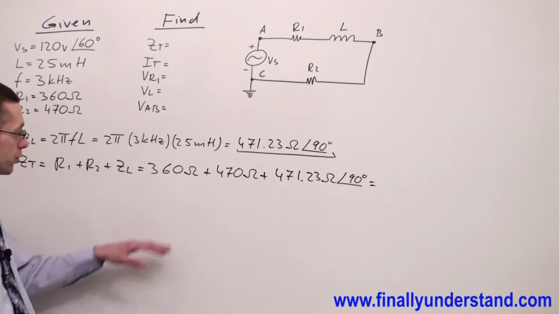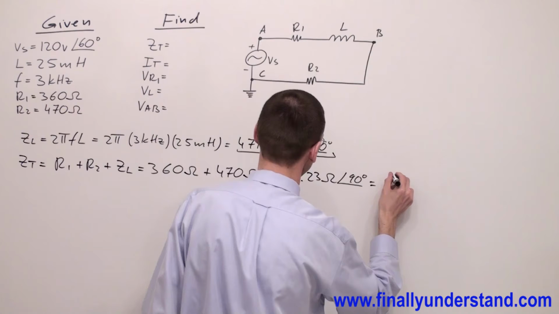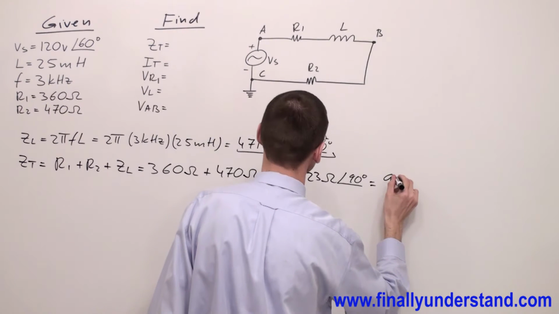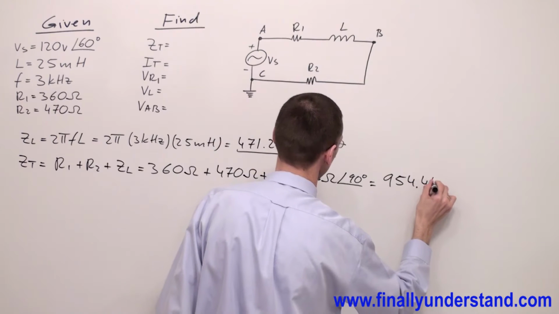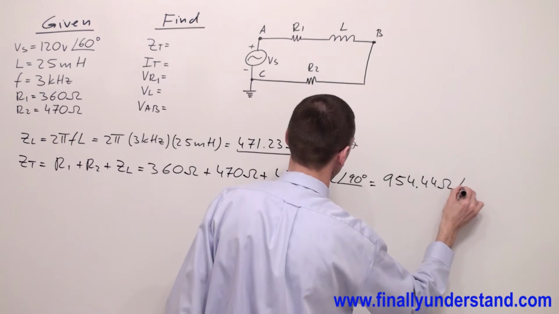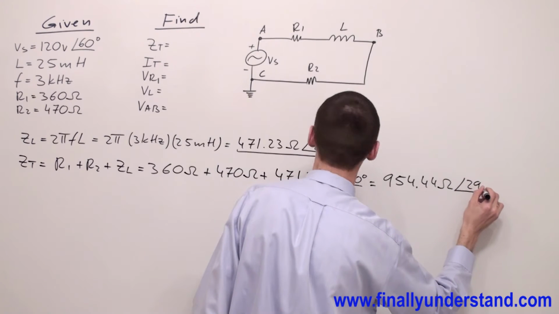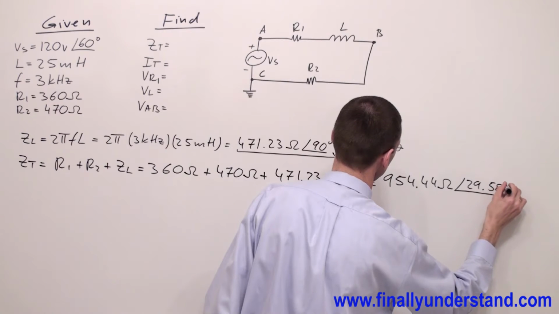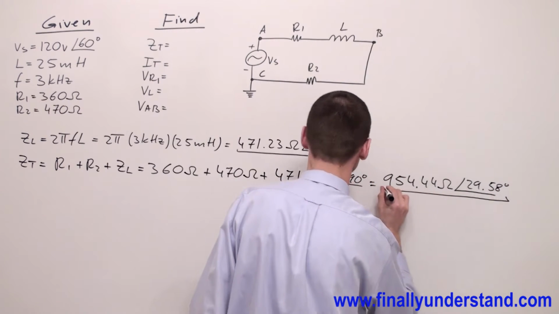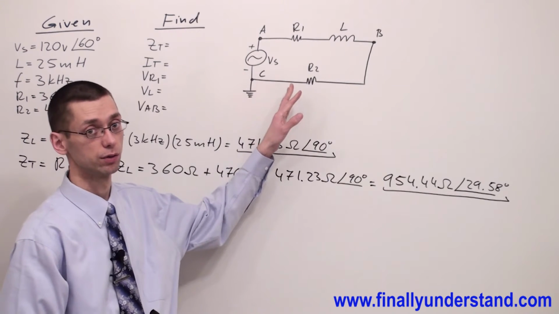Again, use the calculator and you're supposed to obtain the value 954.44 ohms, an angle of 29.58 degrees. So this is the total impedance of my circuit.